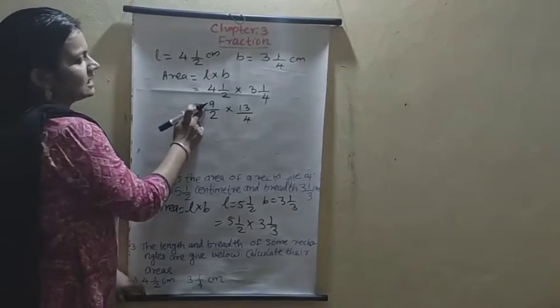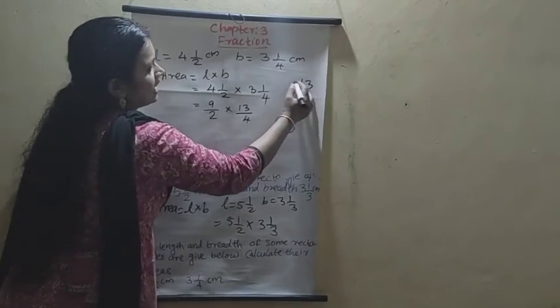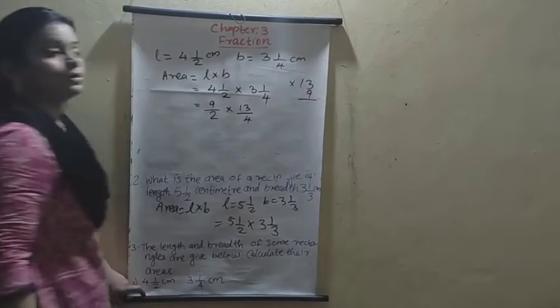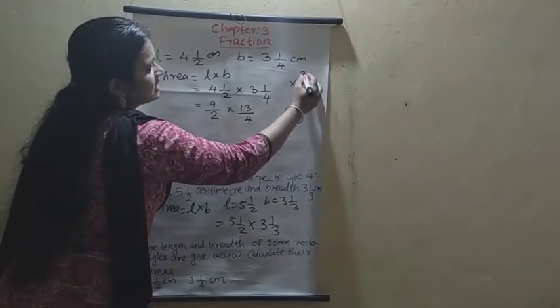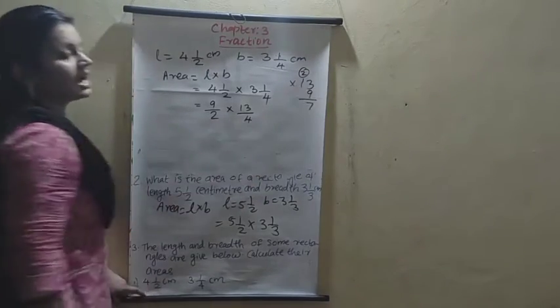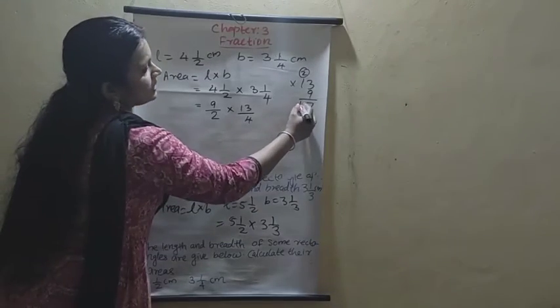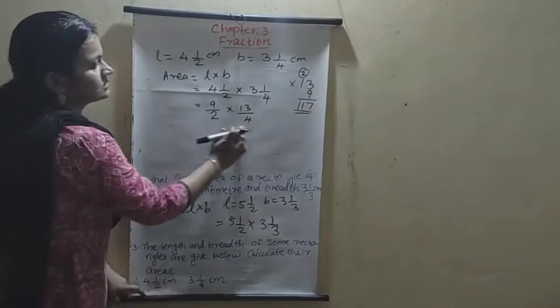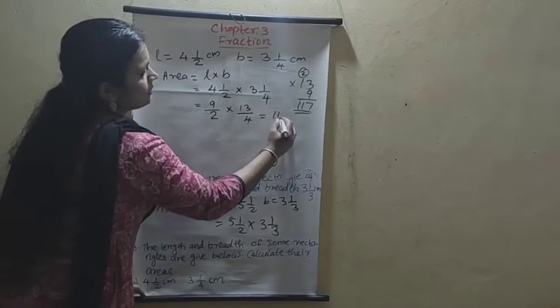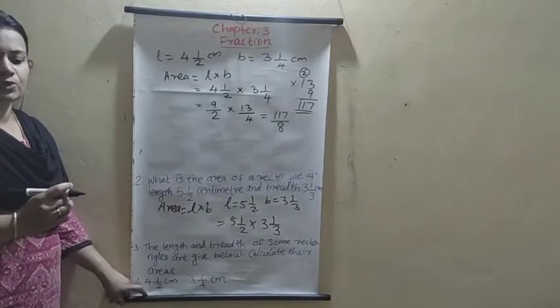Then I have to write 9 by 2 into 13 by 4. 13 into 9: 9 3s are 27, 2 is the carryover. 9 1s are 9, 9 plus 2 is 11. The answer is 117. 4 2s are 8. So 117 by 8. Understood?